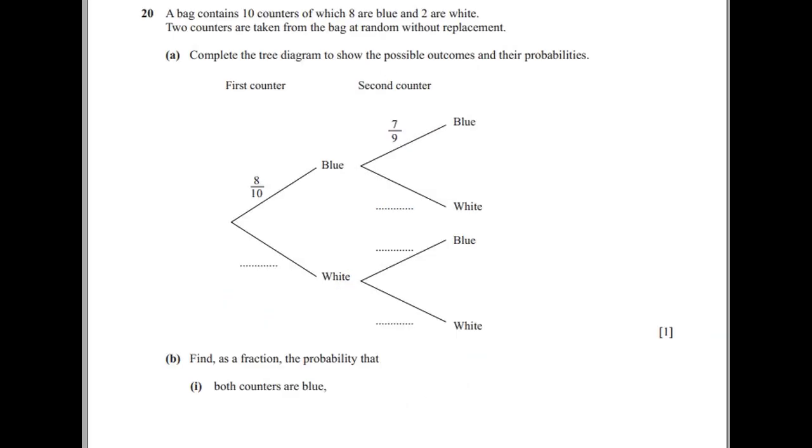Question 20, part A. Complete the tree diagram. So without even reading the question, if this is 8 by 10, then this has to be 2 by 10, because the sum of a branch should be 1. And if this is 7 by 9, this will be 2 by 9. Now to find these two, I have to see what the question is all about. There are total 10 counters, and we've already taken out one white counter over here.